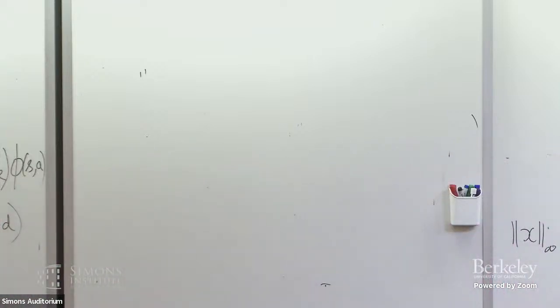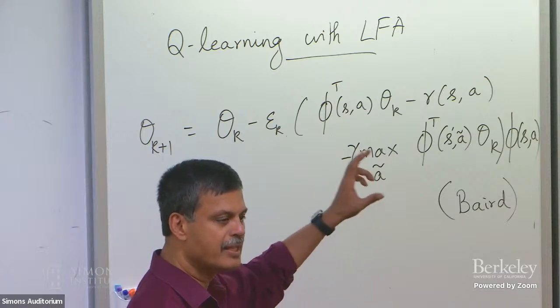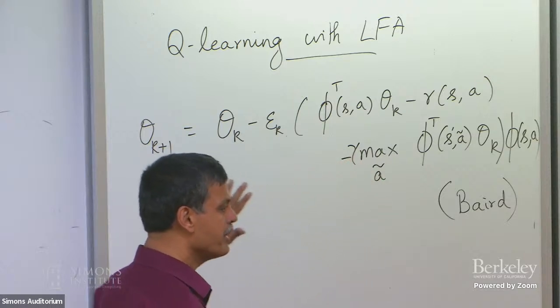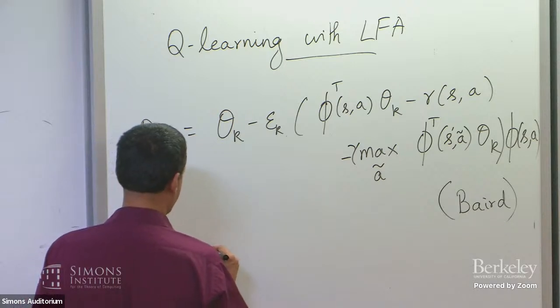What works reasonably well, but still, I think there is probably a lot of dependence on this d-min kind of quantity in the finite time results, so it's probably worth looking at.